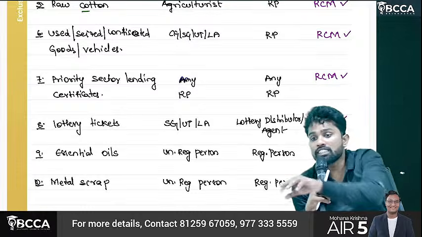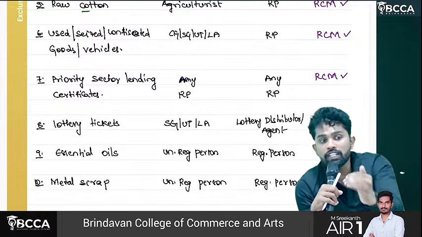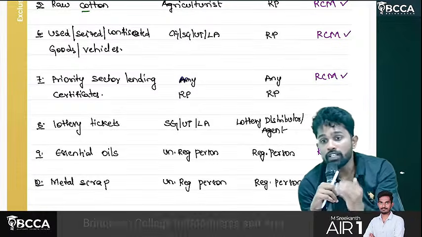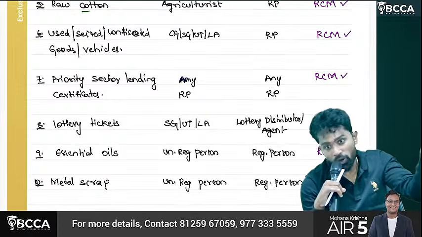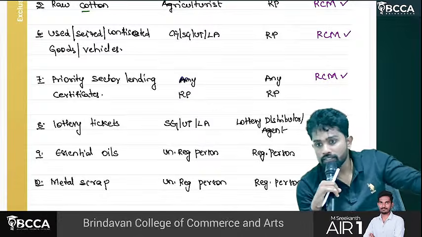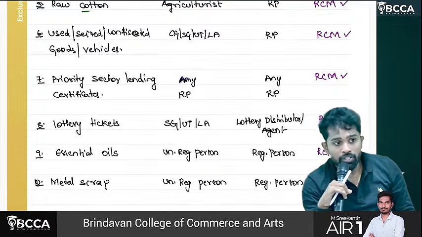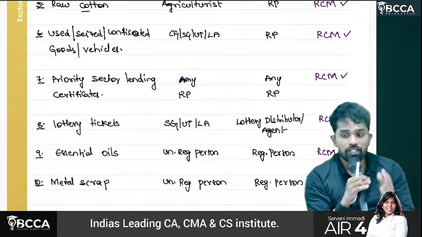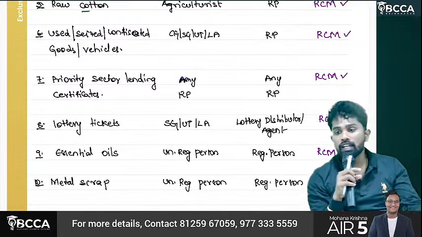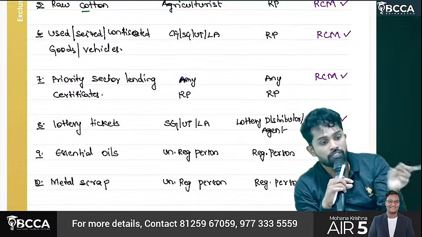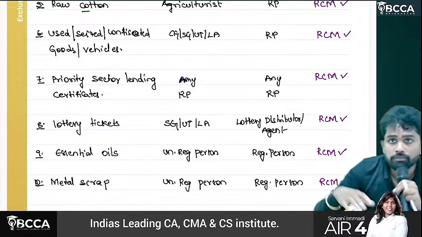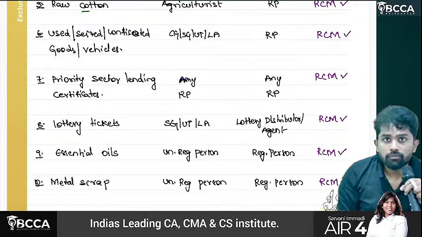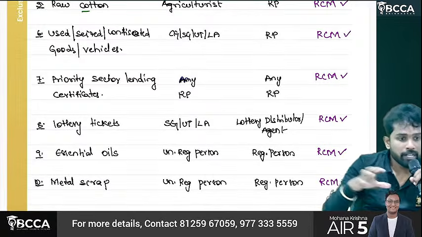Whereas another bank cannot fulfill the target, so it has a deficit of points. Then it can buy the credit points from the other bank. How will the credit points be transferred? They will be linked to a certificate. Let's say I have a deficit in giving priority sector loans.